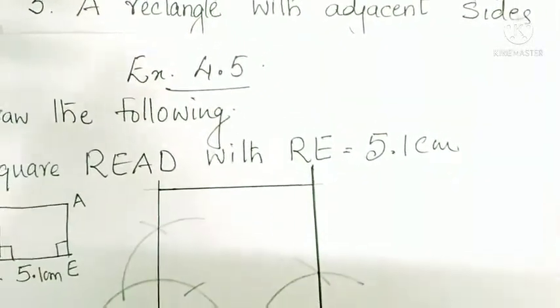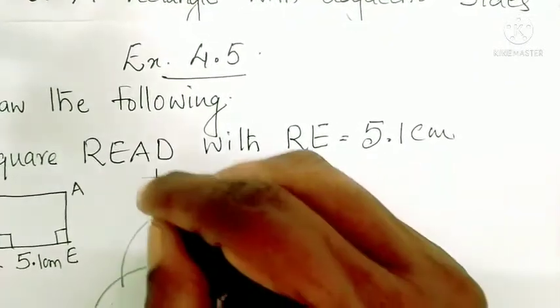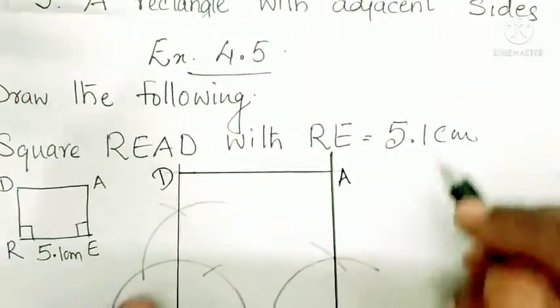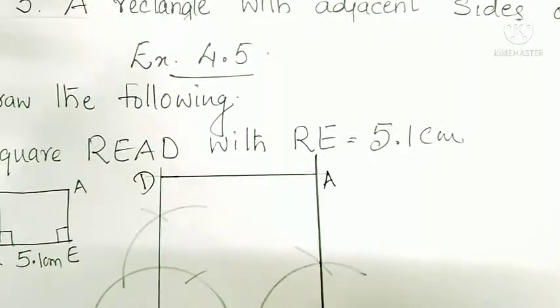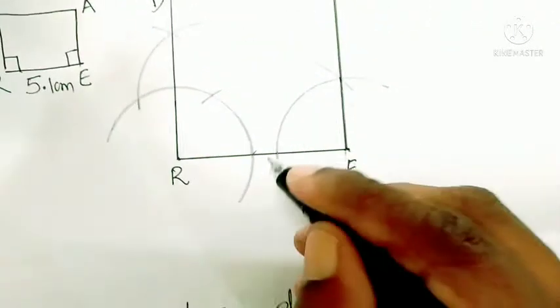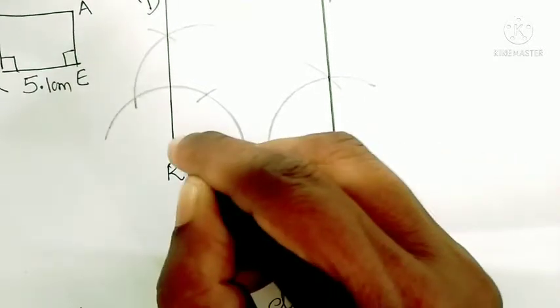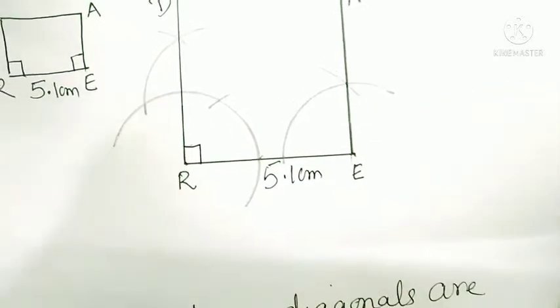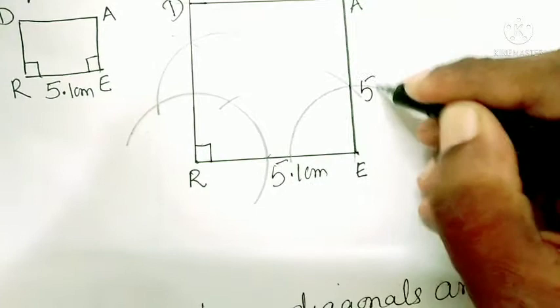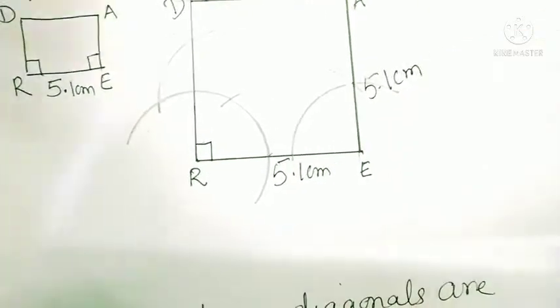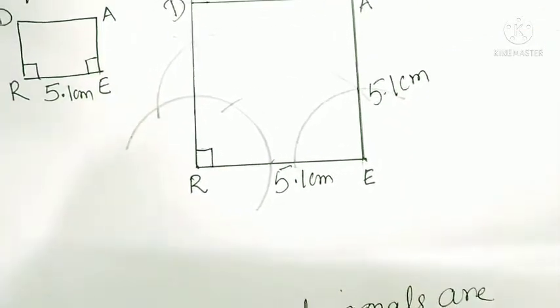And then mark R, E, A, D, READ, and the sides are 5.1 centimeter. If you write on one side also it will do. If you want, you can write here also. But if you wish, you can write on all four sides.